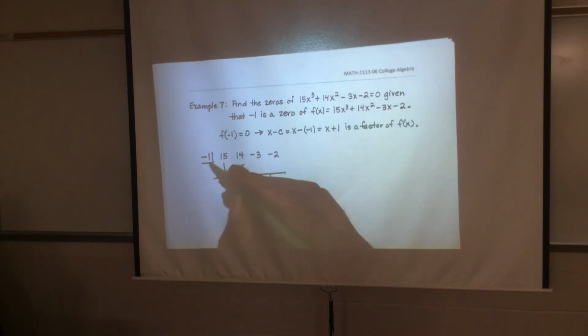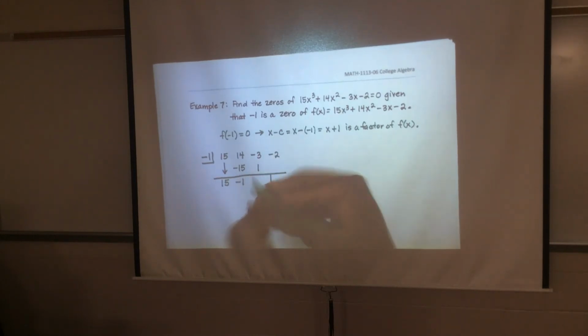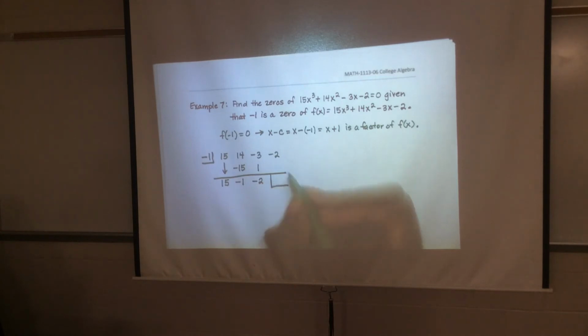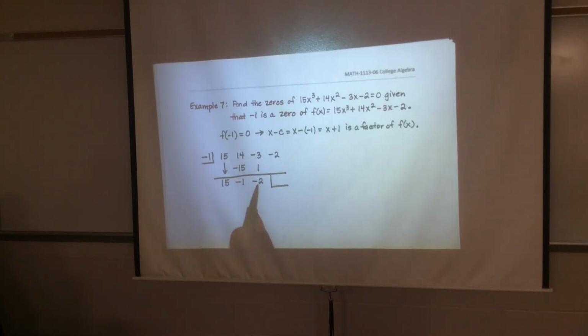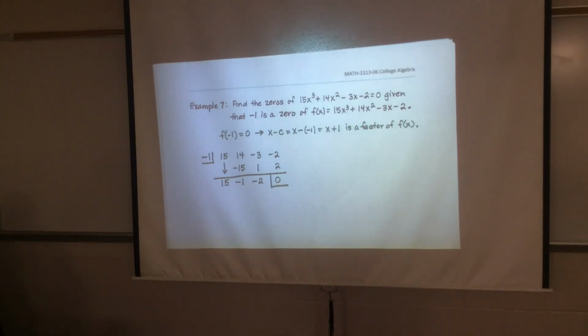And then I'm going to multiply negative 1 times negative 1, that'll be a positive 1. Add negative 3 and 1 together, you'll get negative 2. And then finally, negative 1 times that negative 2 will be a positive 2. Negative 2 plus 2 is 0. I would expect to get a 0 remainder here.